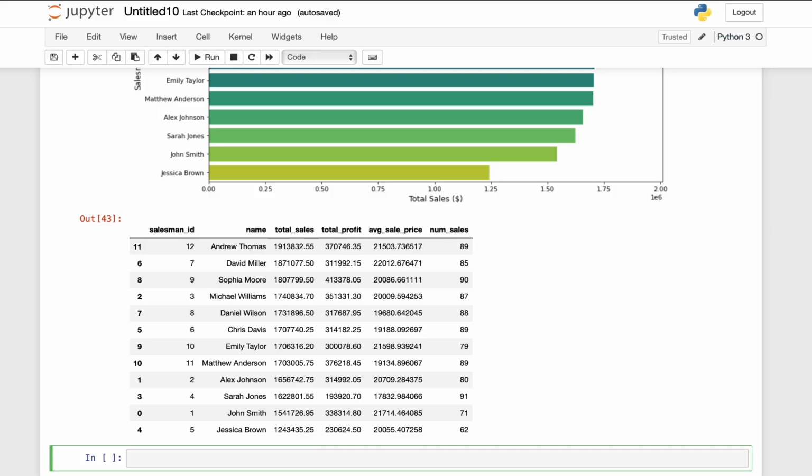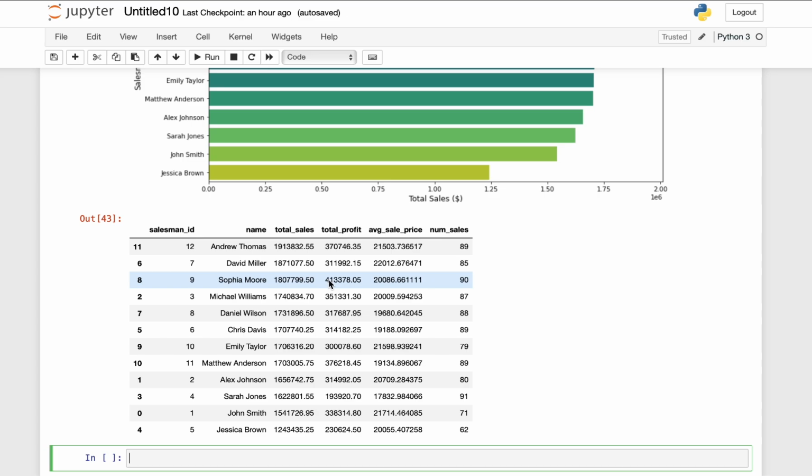So when we take a look, we can see that Sophia Moore stands out with the highest total profit of over 413,000. And this indicates that potentially she may have been more involved in more profitable deals despite not being on top in total sales, but we're going to take a deeper look and see.